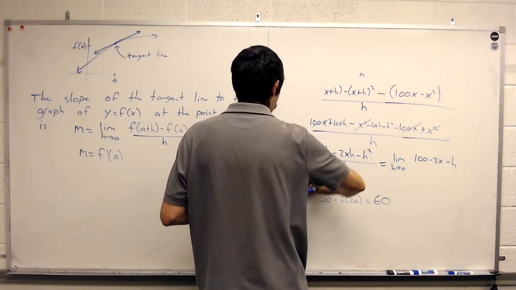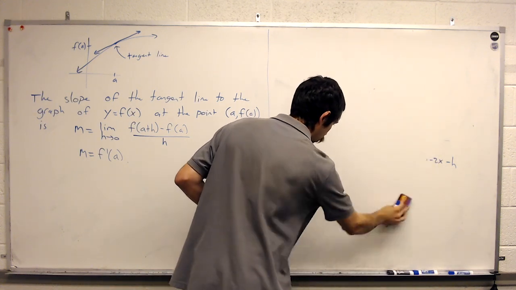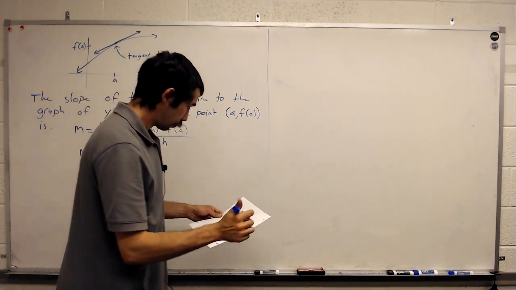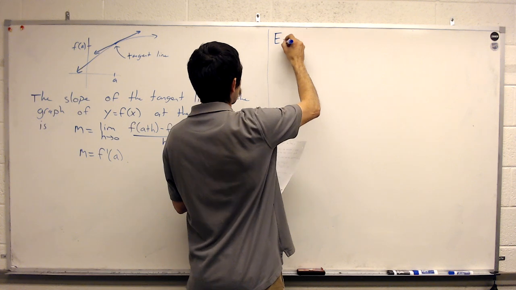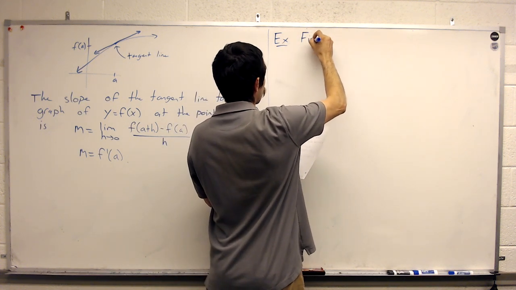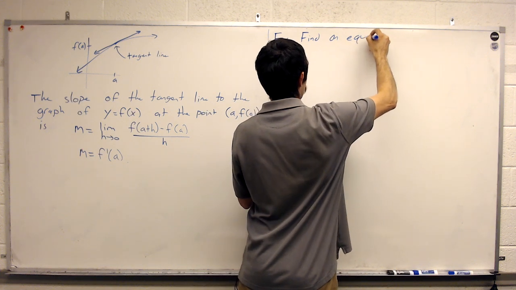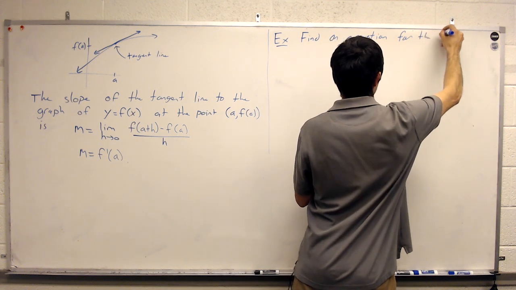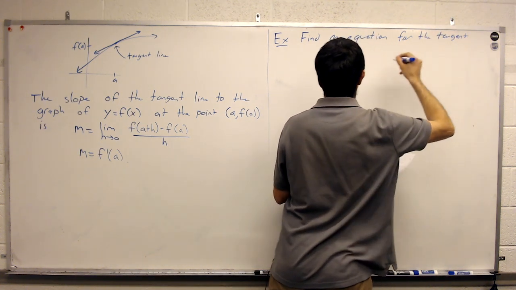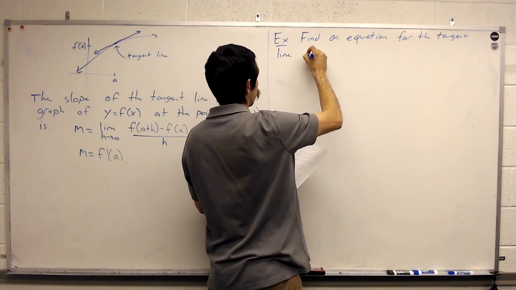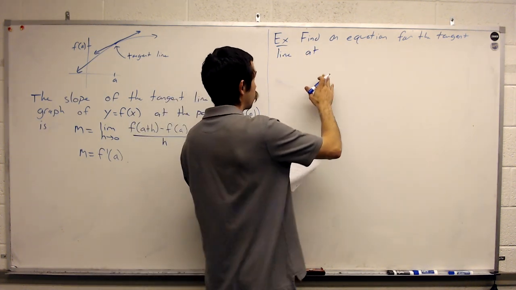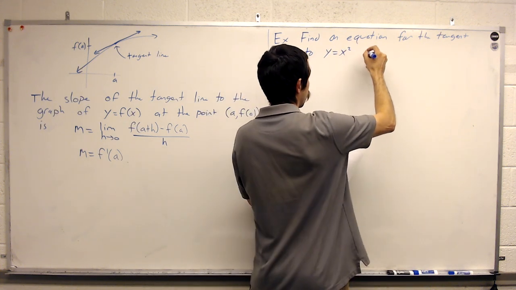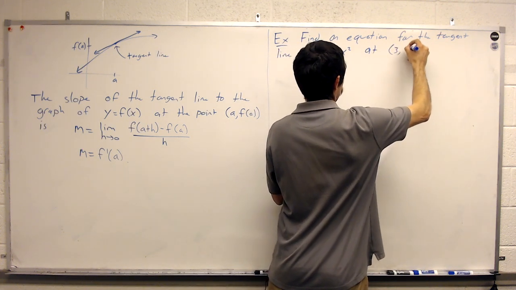All right, so let's take a look at an example. Find an equation for the tangent line to the curve y equals x squared at the point 3, 9.